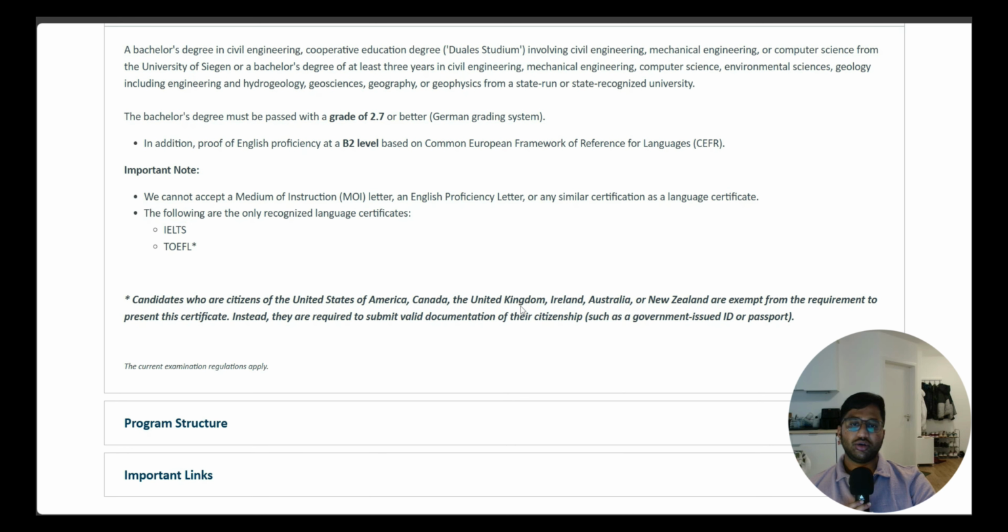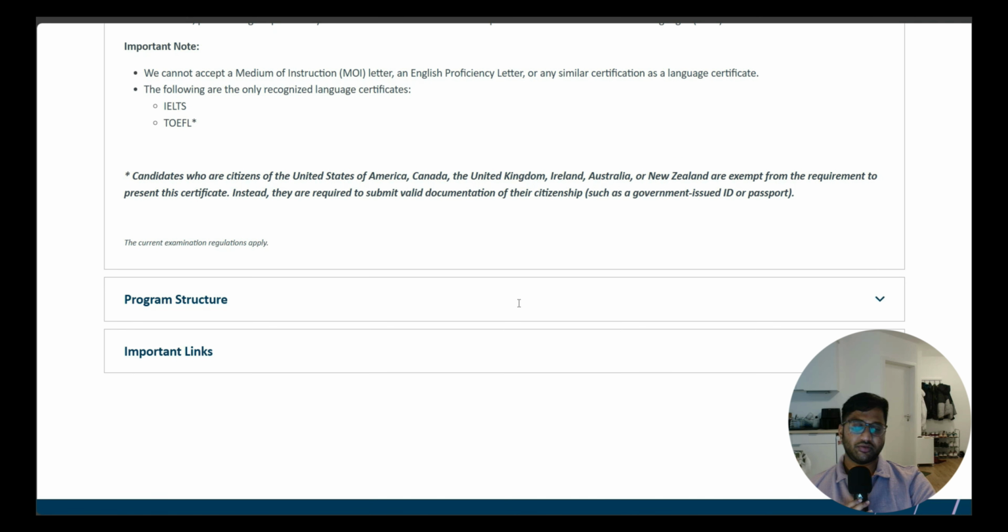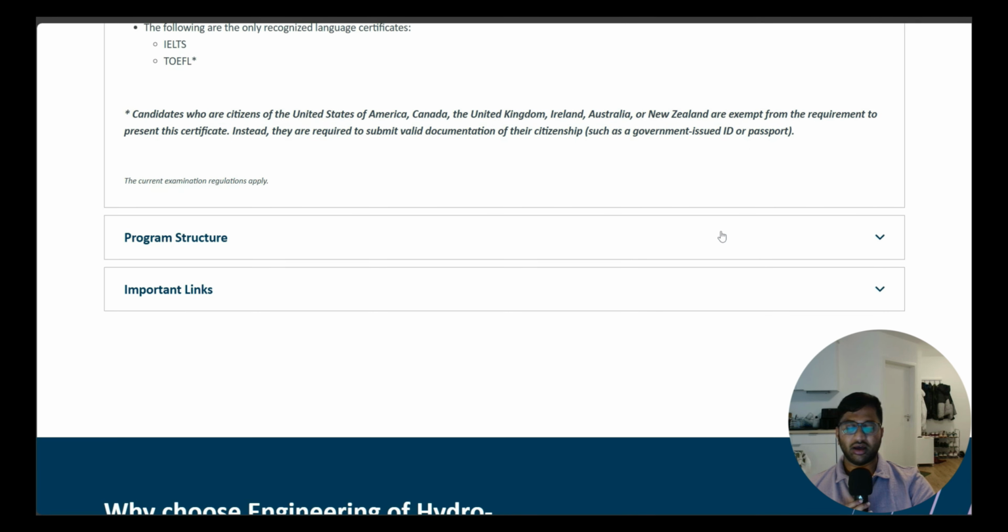But make sure you also have your IELTS ready with 6.5, because if you have 6.5, the range of colleges that you can apply to in Germany will increase. People who are from an English speaking country need to provide their passport or government ID to prove that they are coming from an English speaking nation.